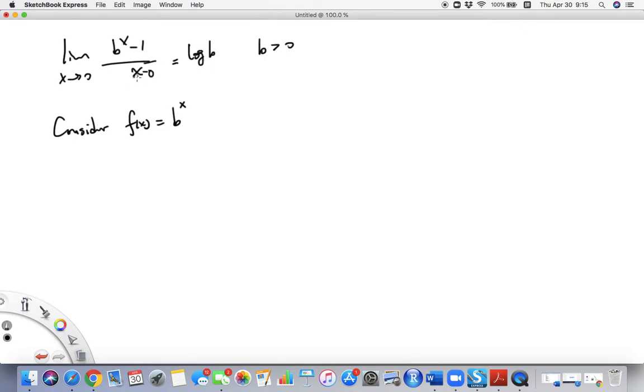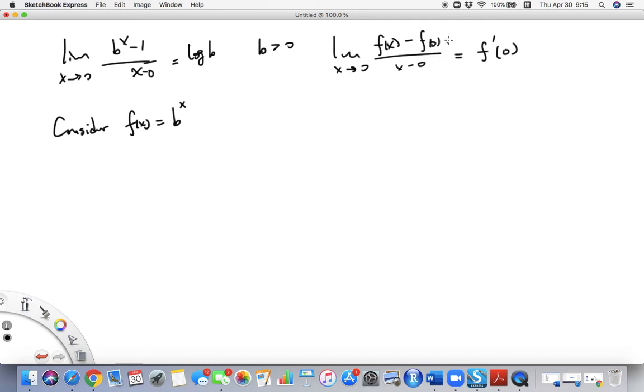So it looks like a derivative of some function when x is at 0. So naturally your function would be b to the x, and so just for comparison, I'm going to write it over here. So this is equal to the derivative of f at 0.